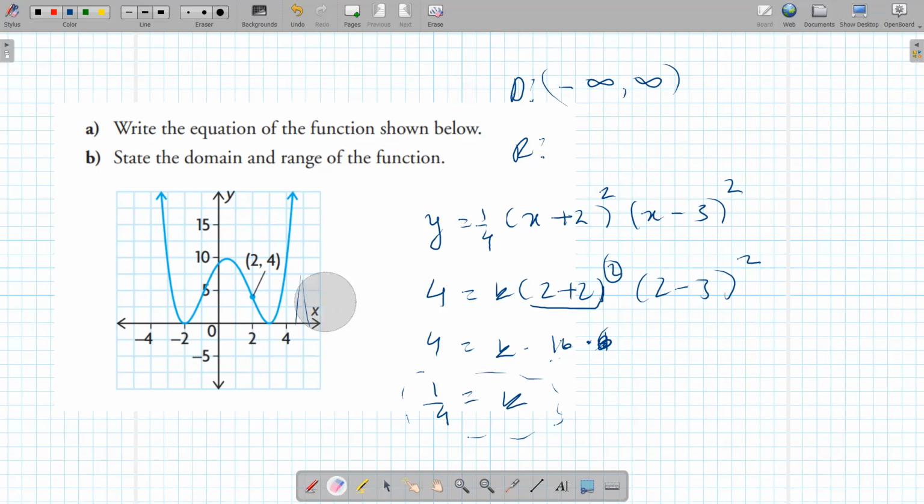This is an even degree polynomial, so the range won't be the same. What's the range here? Range means the y values. 0 to positive infinity? Yeah, there we go. Okay. Because it can't go beyond 0, and 0 is inclusive. That's why the square bracket. Okay?